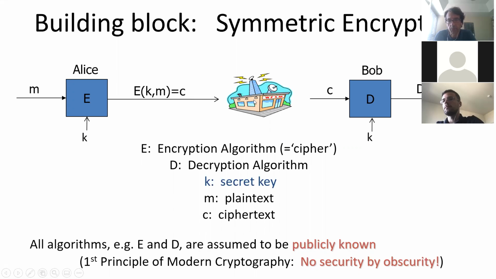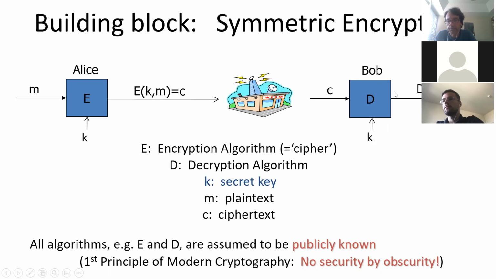The application is that you send out the ciphertext into the wild world, and perhaps it's intercepted by an attacker. That's why you encrypt, because you are precisely concerned with the ciphertext being overheard. But if a ciphertext reaches your intended counterparty, Bob, the decryption algorithm on the same key will decipher it and return a plaintext.